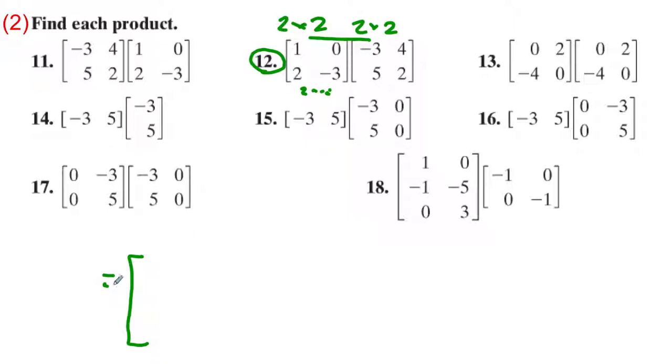1 times negative 3 is negative 3. 0 times 5 is 0. Row 1, column 1 is done. Now row 1, column 2. 1 times 4 is 4. 0 times 2 is 0.